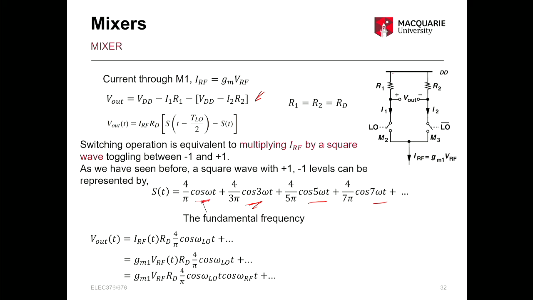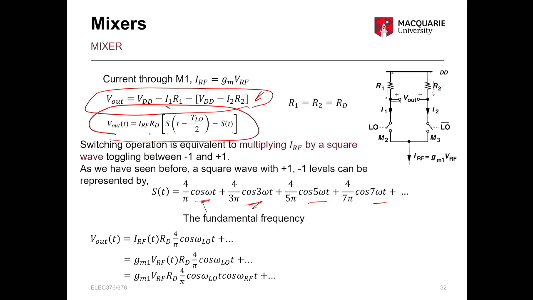The output is VDD minus ID R1, minus VDD minus ID R2. That's the differential output, which is given here. So now you can replace that I1 with the switching function. So you get the output IF as RD times this.